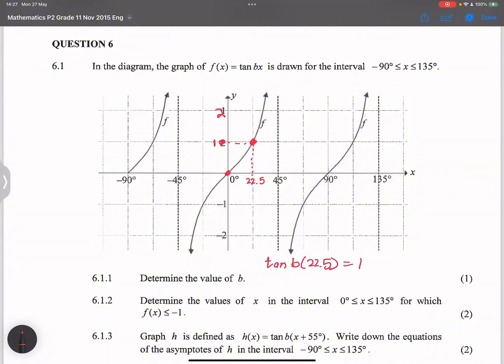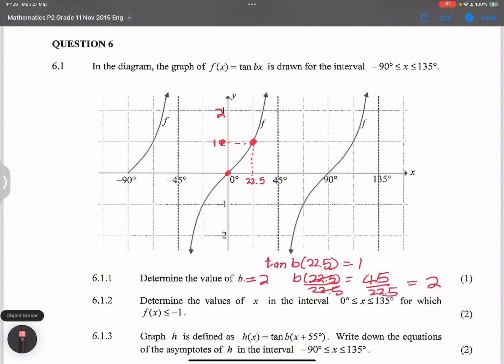Okay, so b multiplied by 22.5 would be the arctan of 1, which is equal to 45. Right, so now this entire thing gives us 45, and so if we divide by 22.5 on either side, you'll notice that we are actually going to get 2 there. So the value of b is actually equal to 2.